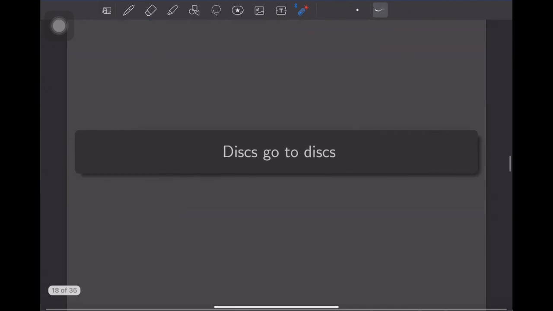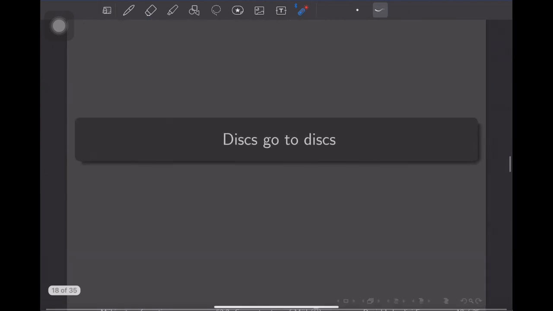Okay, now if circles go to circles, well, for sure disks go to disks, right? Because every Möbius transformation is a homeomorphism. So whenever I have a circle, by definition a disk is one of the two complements.